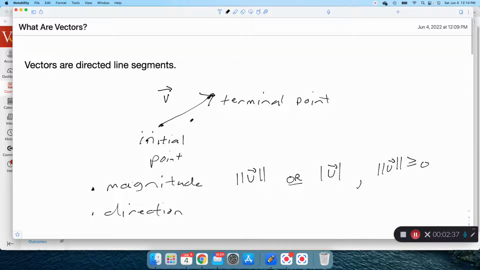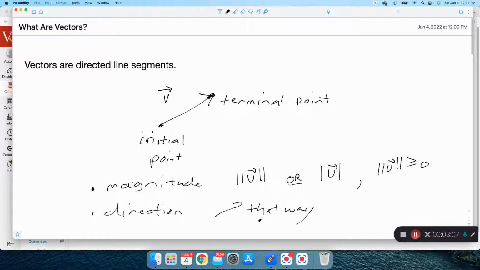Direction is the way it points. So right now we don't have a coordinate system. I don't have an XY plane. I can't give you an angle. I can't say this vector points at 30 degrees. 30 degrees from what? I don't have any kind of reference. So at this point, if I wanted to measure the direction of this vector, the best I could do is just say, oh, it points that way.